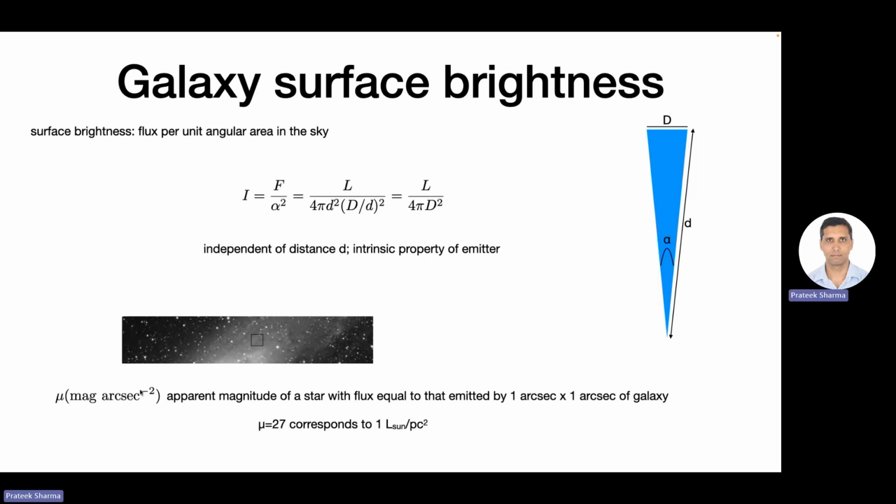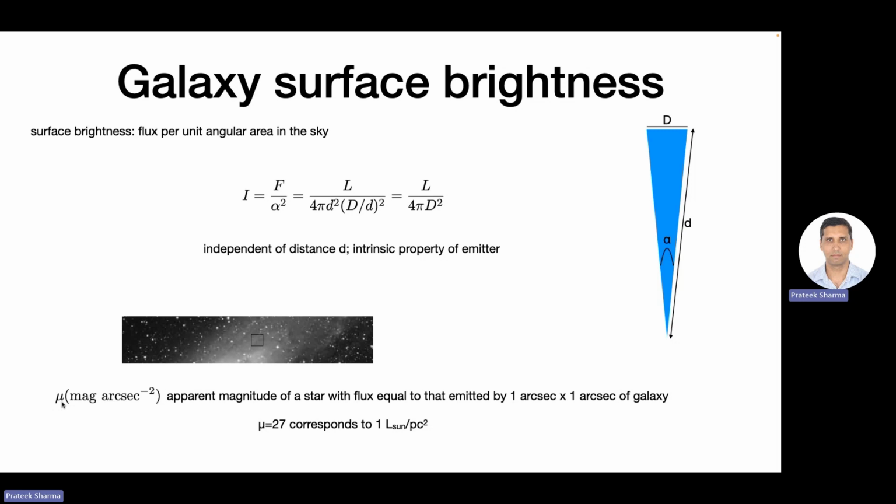So the way to think of it is this mu is the apparent magnitude of a star with flux equal to that emitted by 1 arcsecond by 1 arcsecond of galaxy. So you take a galaxy with a given mu.